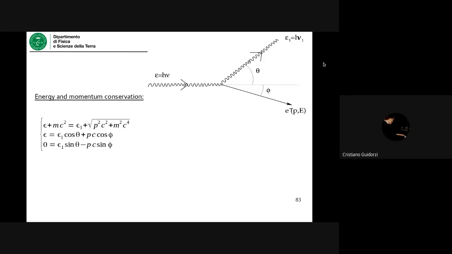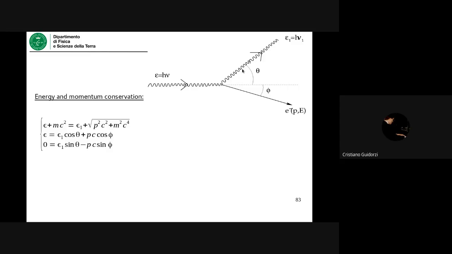So any theta in principle is possible to make sure that both energy and linear momentum are conserved. But once you consider one theta, then everything is automatically determined, because by fixing theta you have 3 equations and 3 unknowns. So you automatically know epsilon 1, phi, and P. The essence is that for any possible theta there's a solution, and there's a unique solution for a given fixed theta.